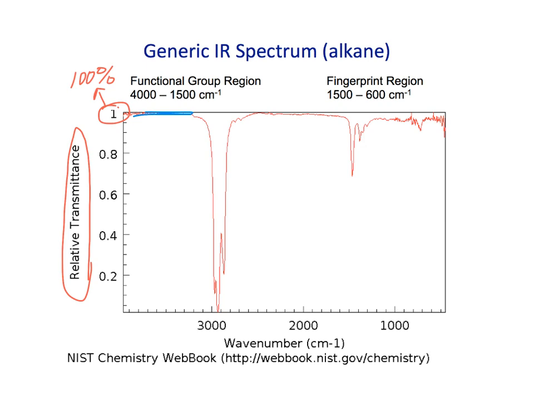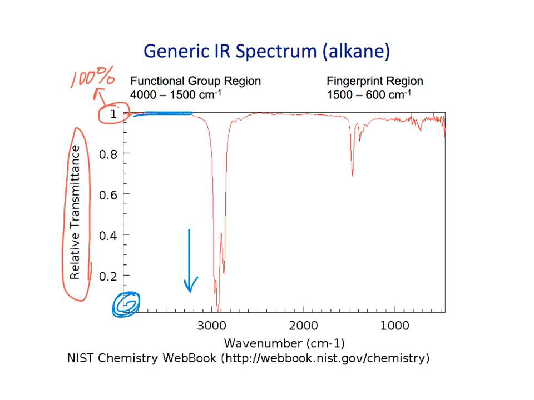So over that frequency or that wave number distance, nothing was absorbed. And then as we get peaks that go down like this, their relative transmittance gets less and less. That means very little is passing through because it's being absorbed by the molecule.